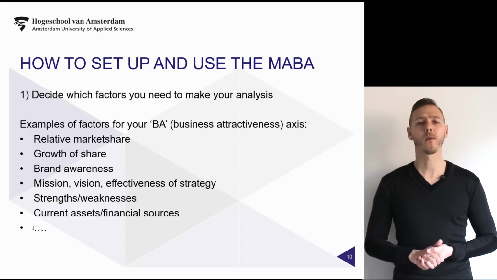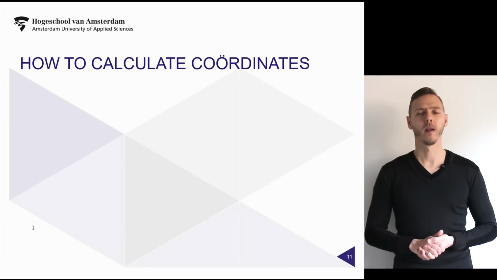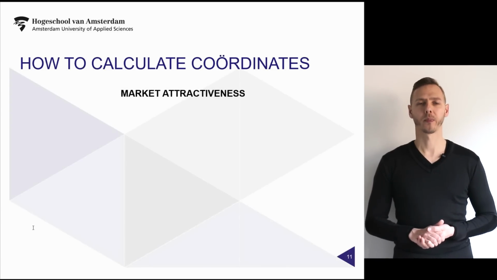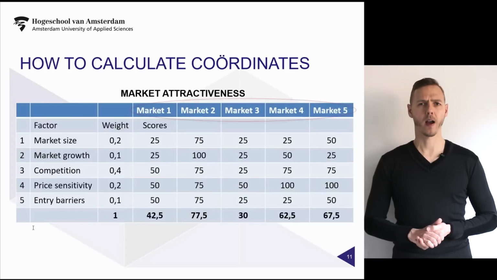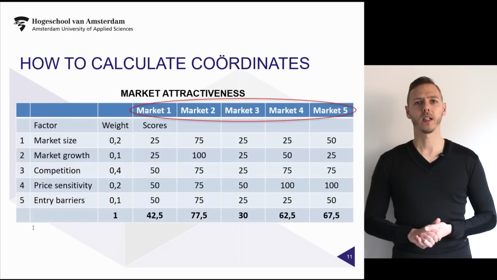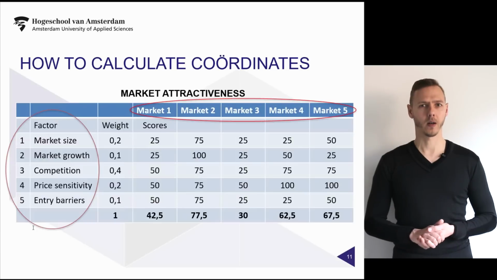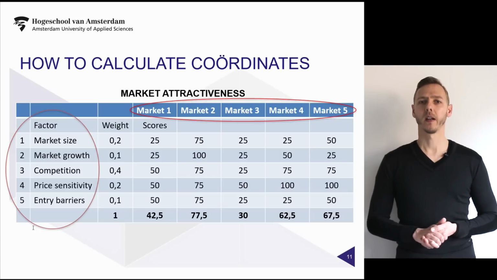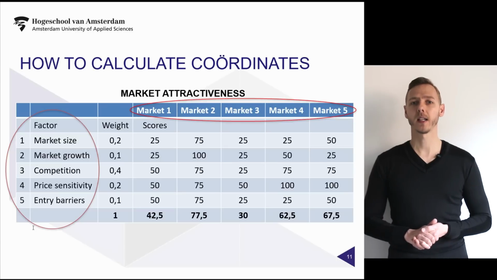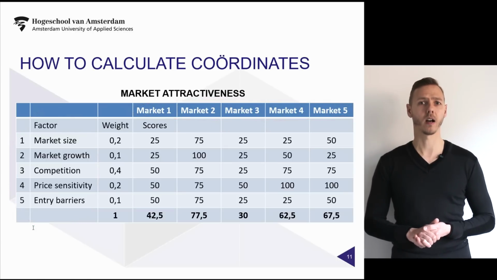So, as we found these criteria, now we can make a table. Let's say that we have 5 markets in which we are in. The first thing to do is that you search for 5 criteria max, and this goes per axis. You put your 5 criteria in a table. Now, the interesting part is that you decide how important these criteria are for your business case.